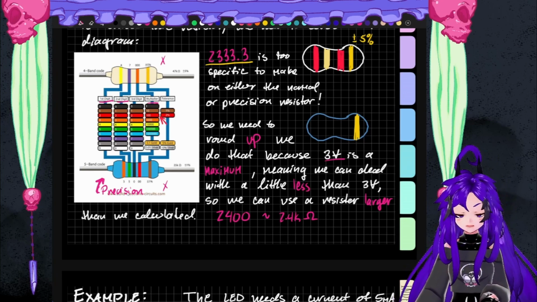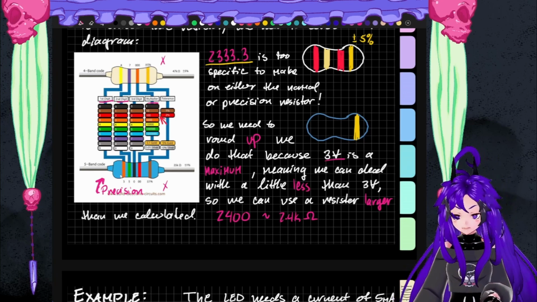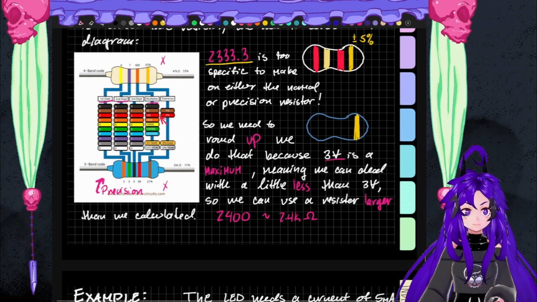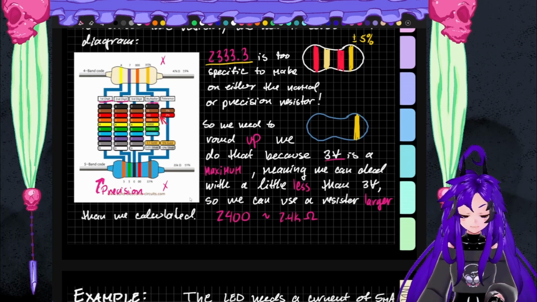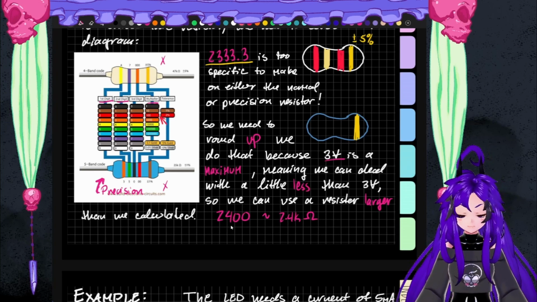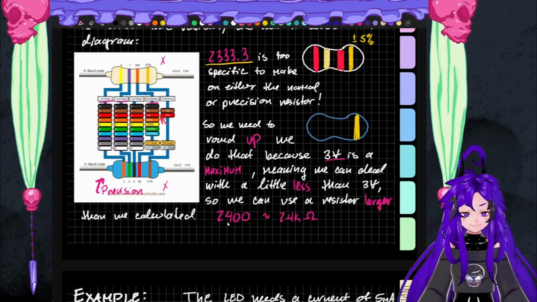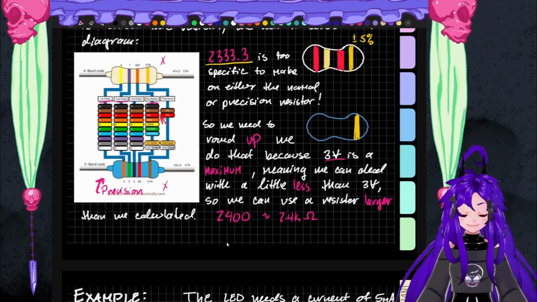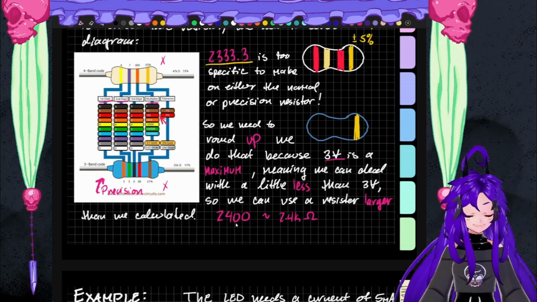What about if we had access to any precision resistors? All right, well, we don't have to round at the second digit here. Tens, hundreds, thousands. There we go.